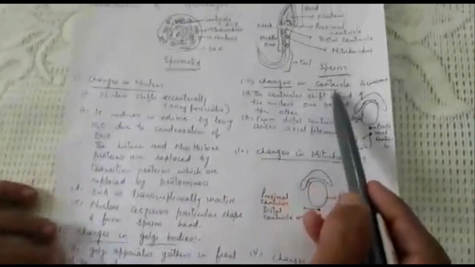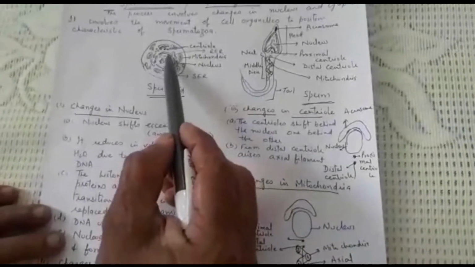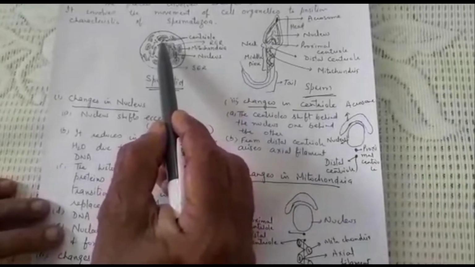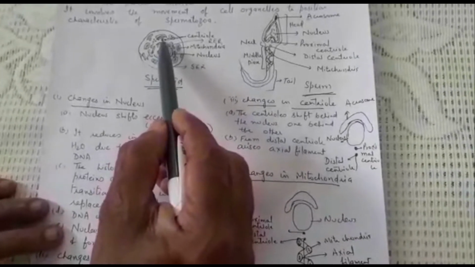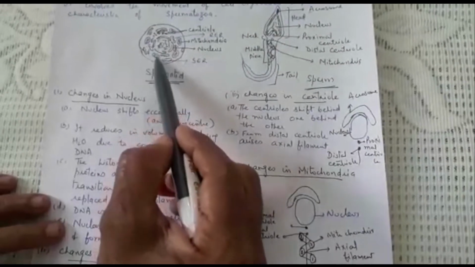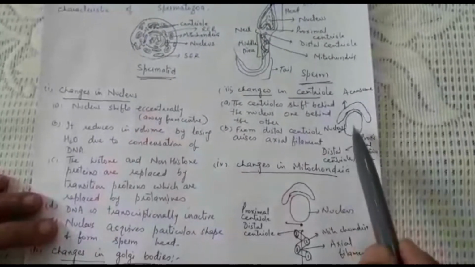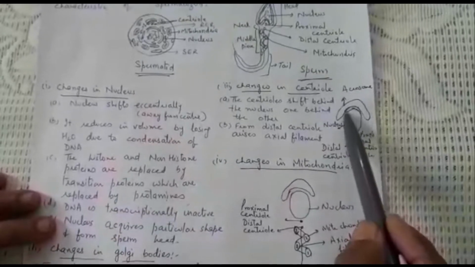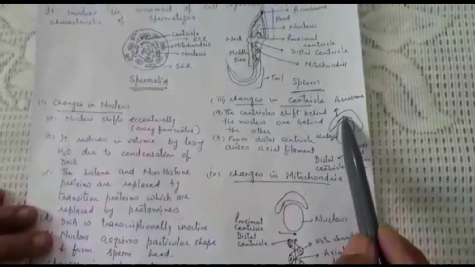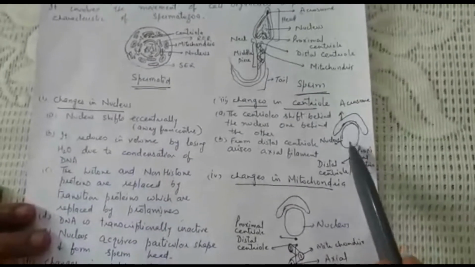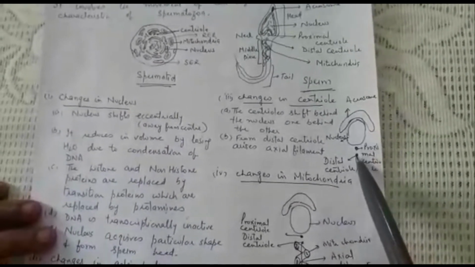Next is changes in centriole. Just see, the two centrioles lie close to nucleus. Now these two centrioles shift behind the nucleus. Diagrammatically, this is the nucleus, this is the acrosome which has been formed by Golgi body. Now the two centrioles shift behind the nucleus, one behind the other.